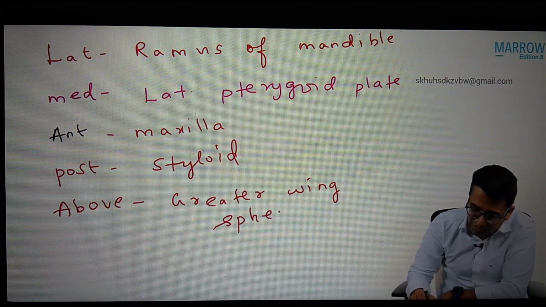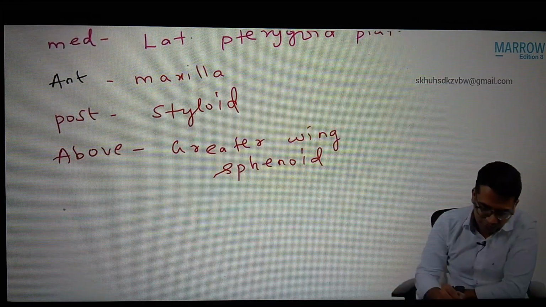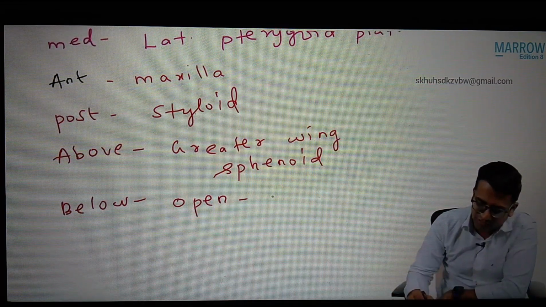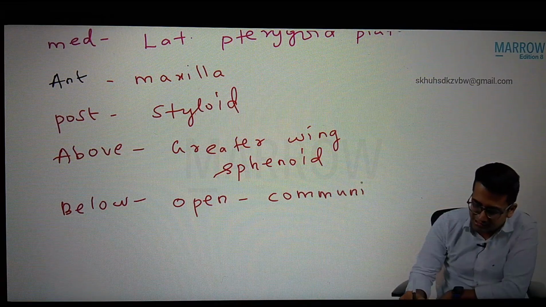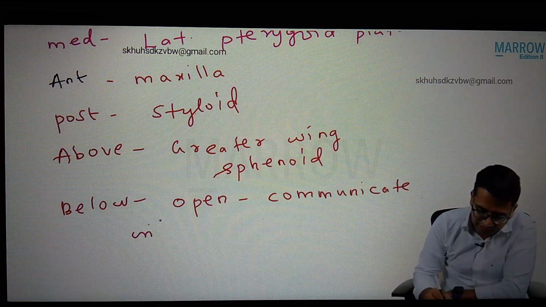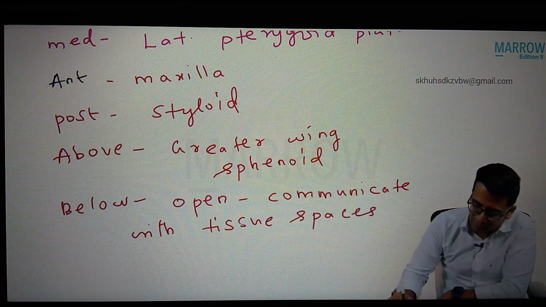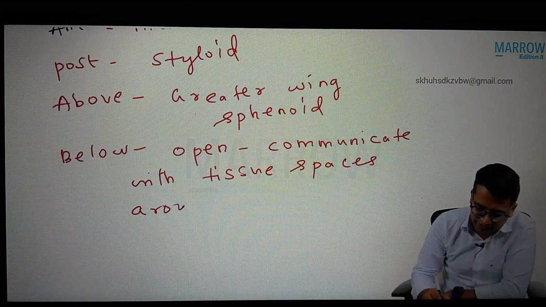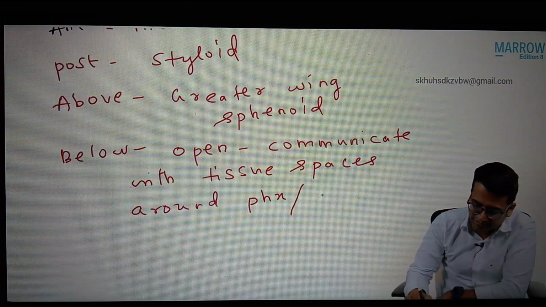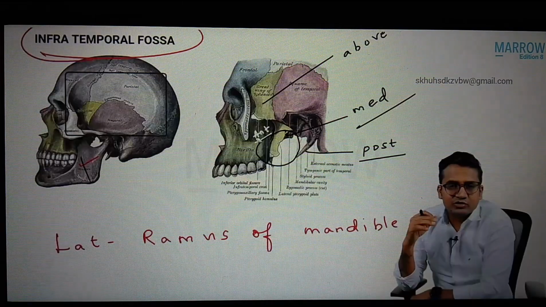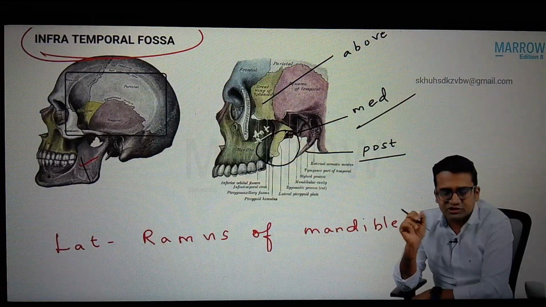And below, the tissue space is open, which communicates with the tissue spaces around the pharynx and esophagus. So now this is the boundary of the infratemporal fossa.